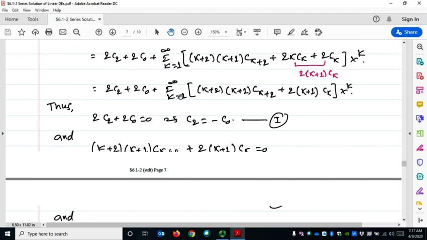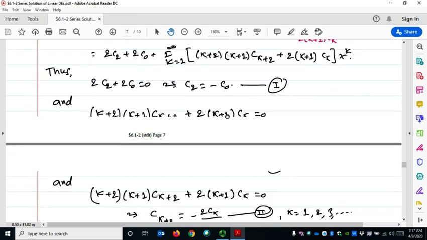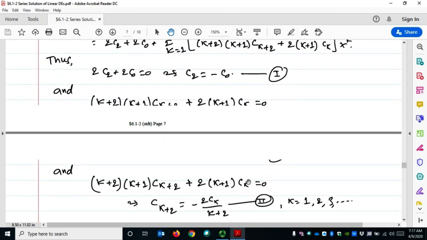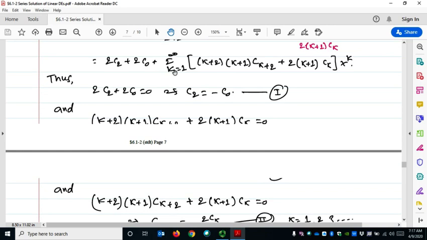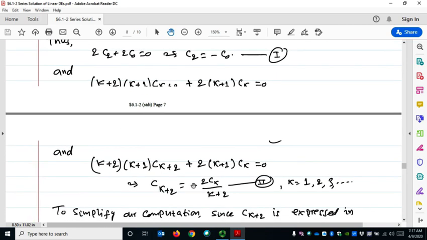And the coefficients are 0, without summation, without x^k. That's the identity property, correct? And from this relation, c_{k+2} equals negative 2 times ck over k plus 2.